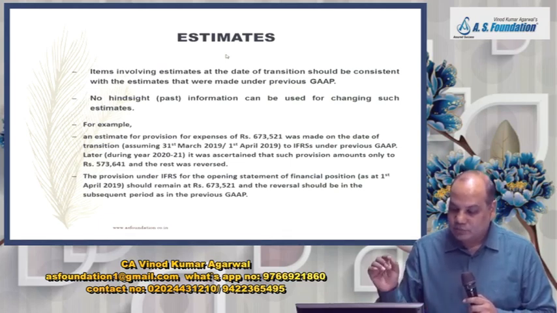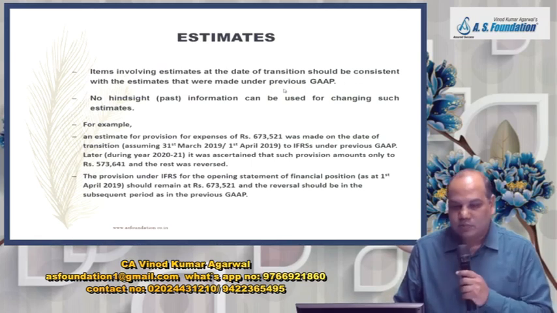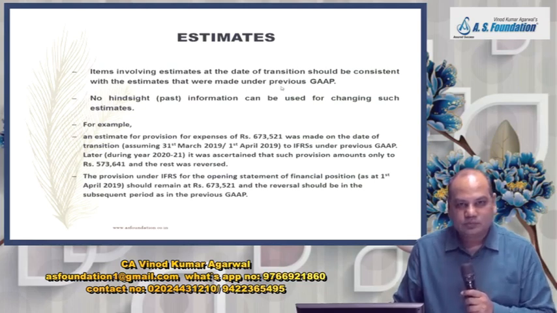Therefore they say items involving estimate at the date of transition should be consistent with the estimate that were made under previous GAAP. So just take the same figures for estimates like provisions. Okay. No hindsight means past information cannot be used for changing such estimate.